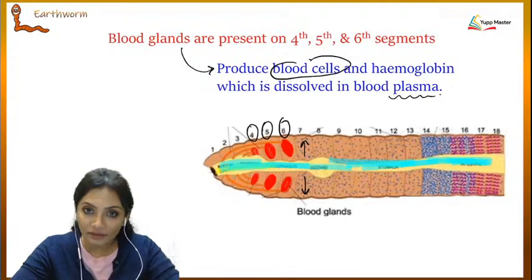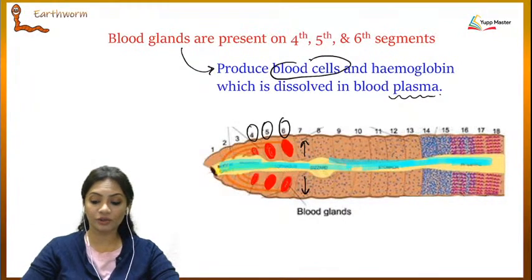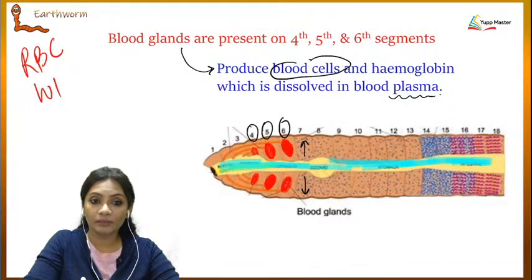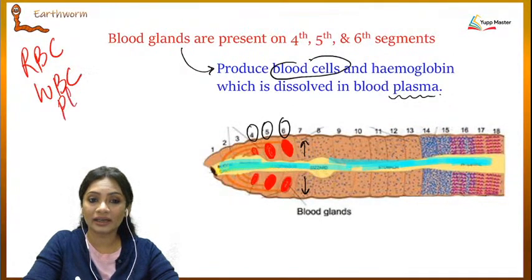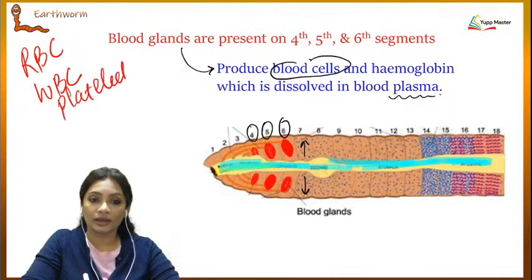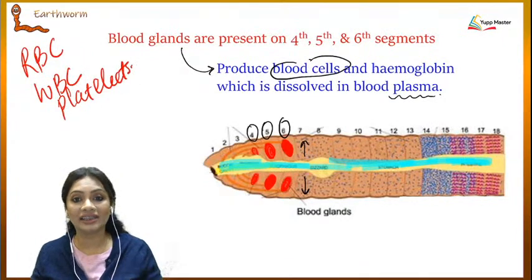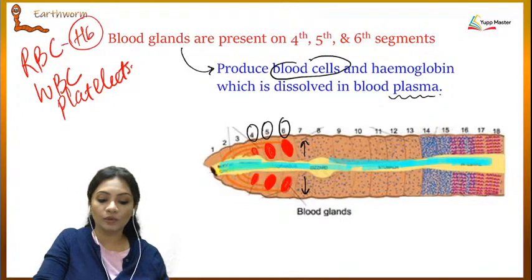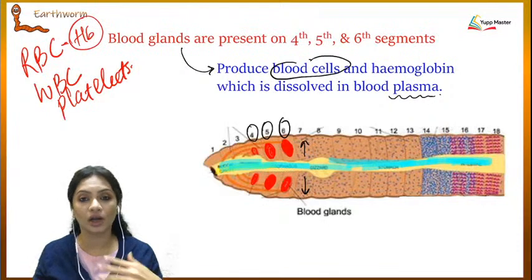But in our body, which blood cells do we have? Do you remember those? We have the RBC, okay, we have the WBC and we have platelets too. Okay, so we have these blood cells. Now in our body we also do have hemoglobin, but hemoglobin is restricted to the RBC for us.